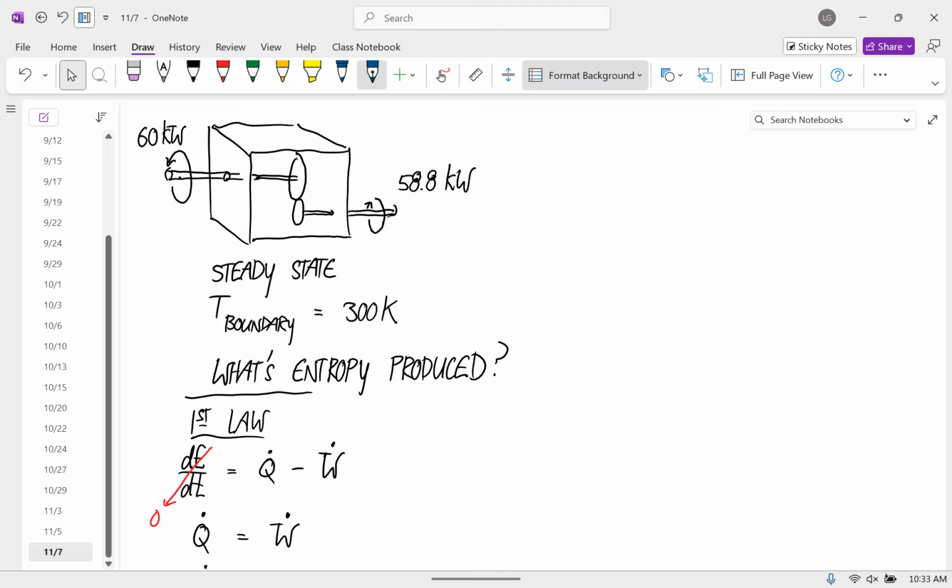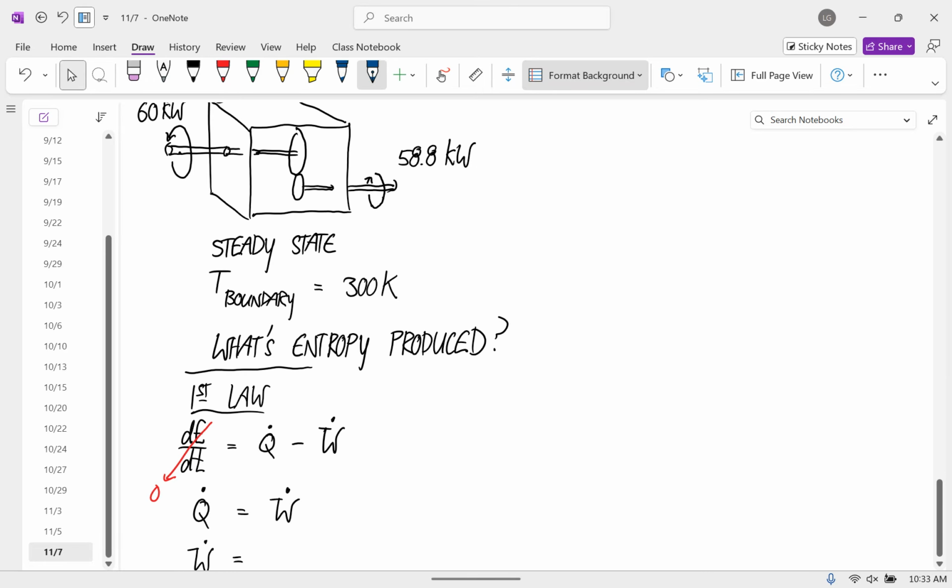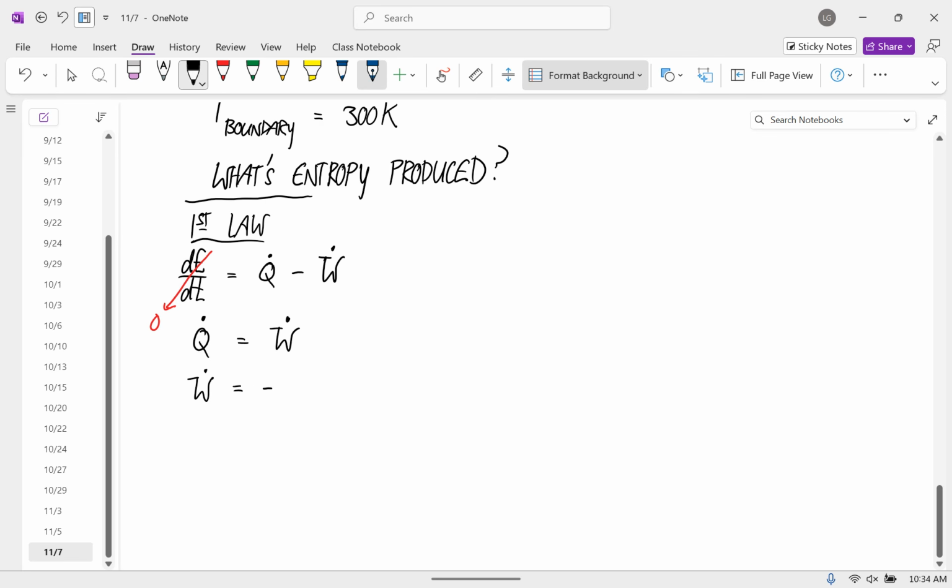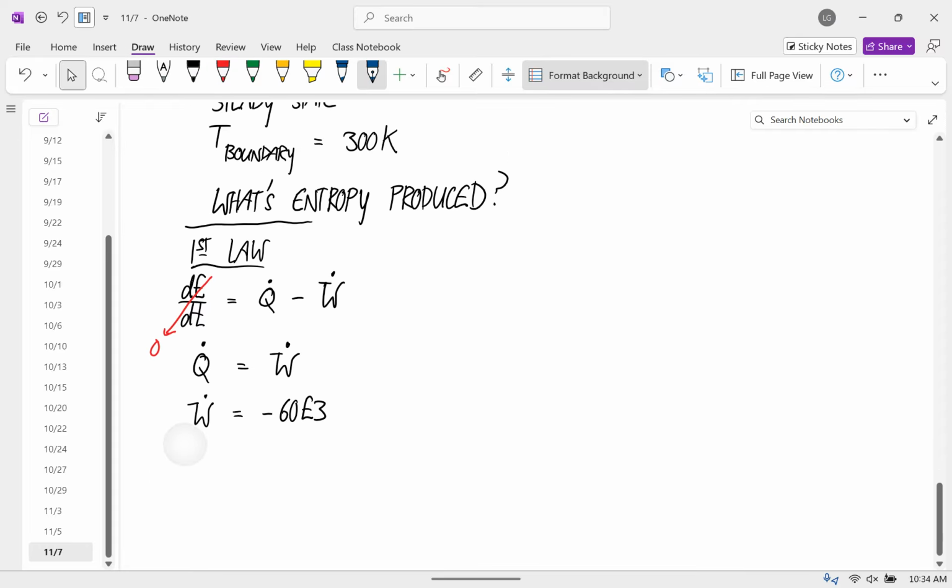Okay, so remember that for the first law, work being done by the system is positive, being done on the system is negative. So this is going to be negative 60 times 10 to the third. And then the 58 is going out.